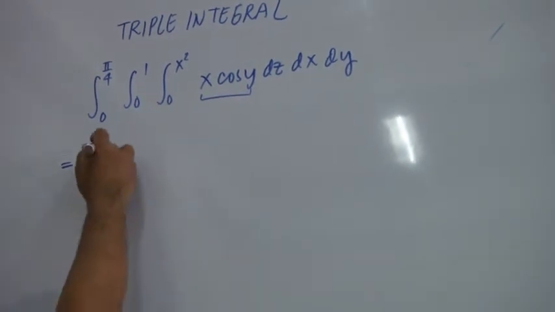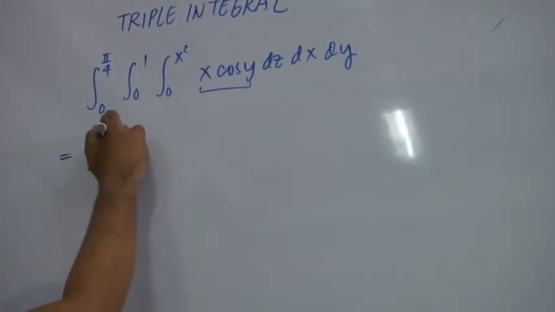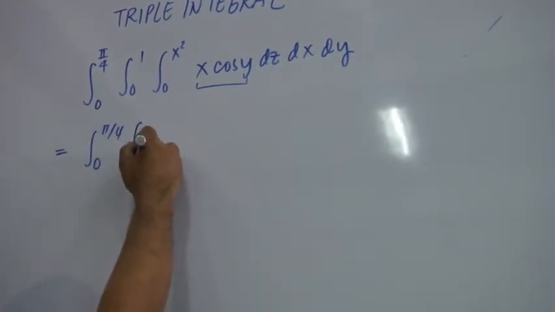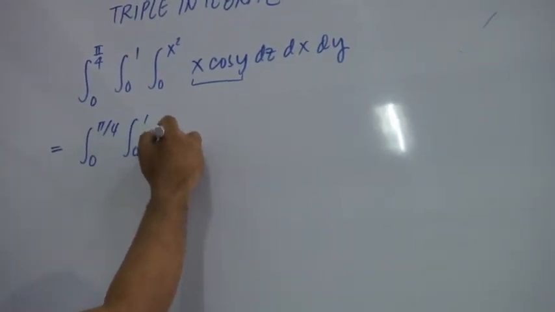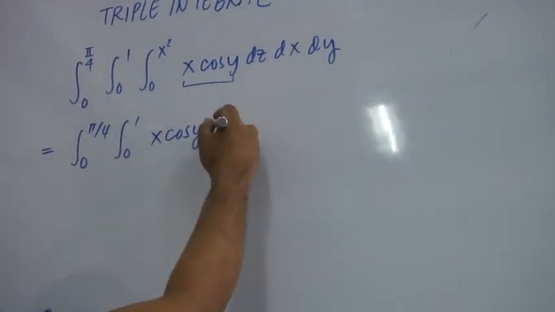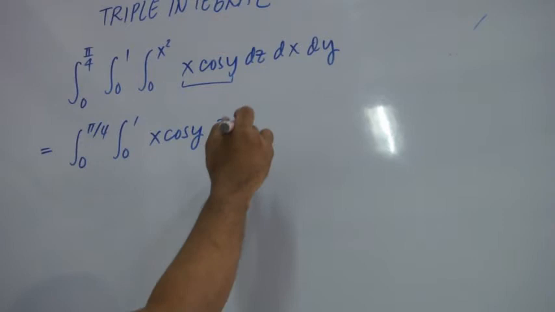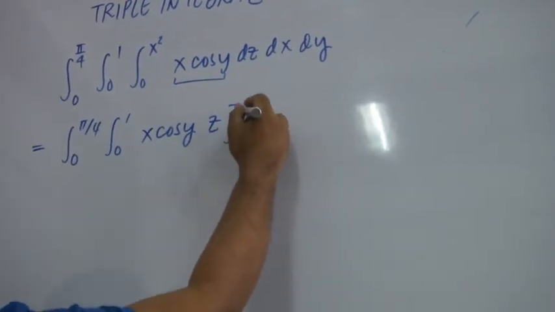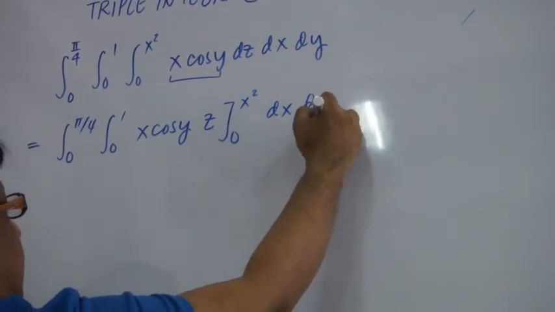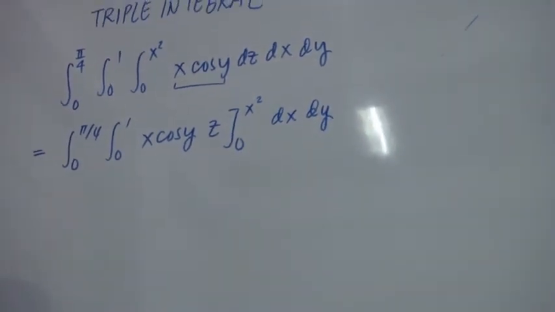So with that, we can now integrate x cosine y with respect to z. So copy x cosine y, then what is the integral of dz? That is z, okay? Then what are its limits? From 0 to x squared, with respect to x, then with respect to y, okay?